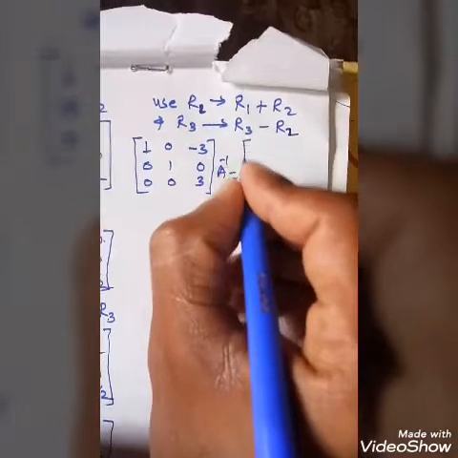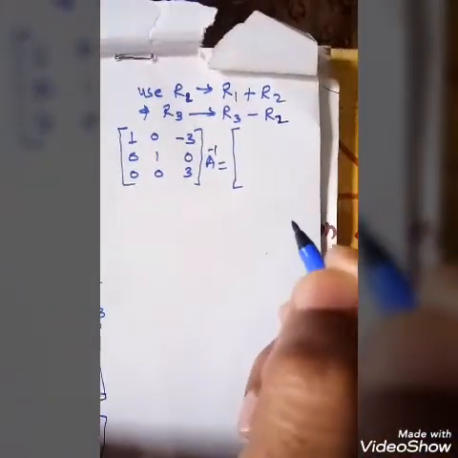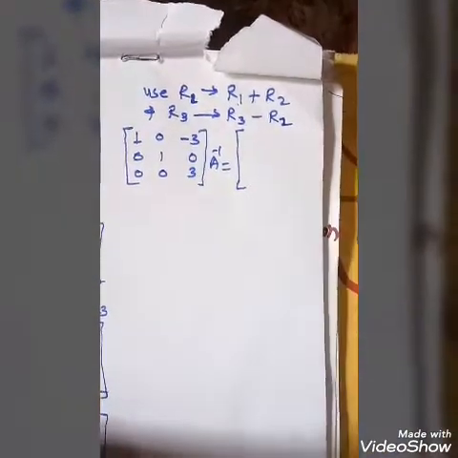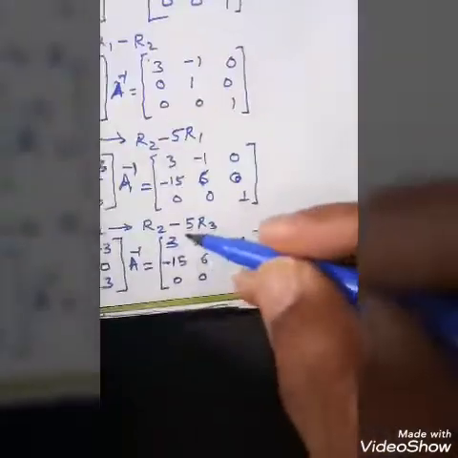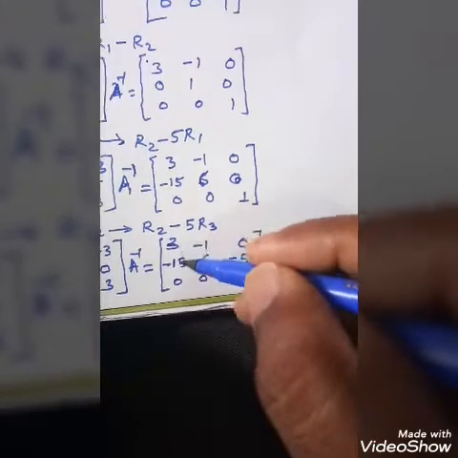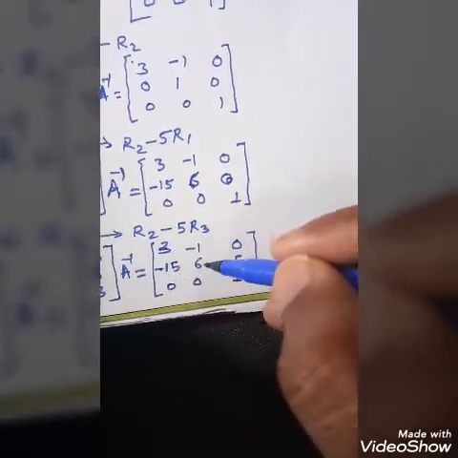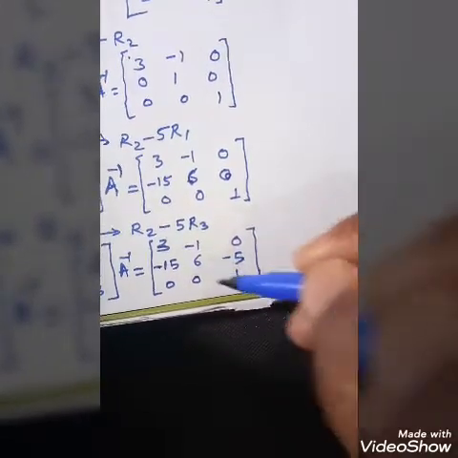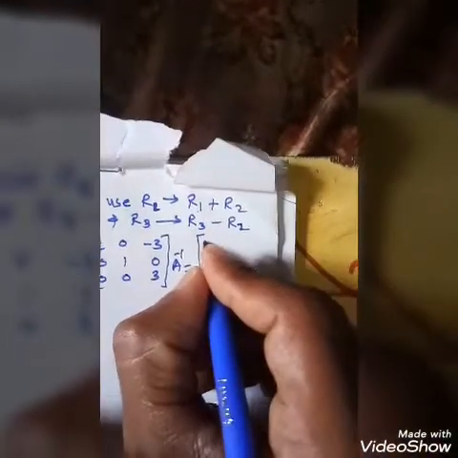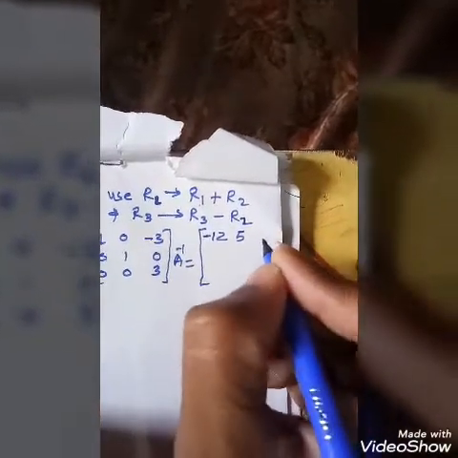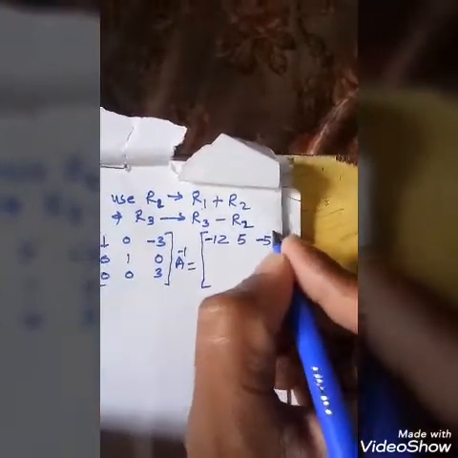The same operation performed on right hand side. पहिला आहे R1 plus R2. If you see here R1 and R2 their addition 3 minus 15 minus 12, minus 1 plus 6 5, means minus 12, 5 and minus 5.